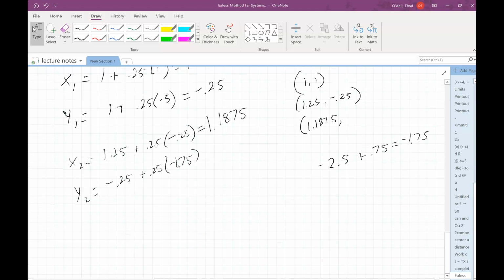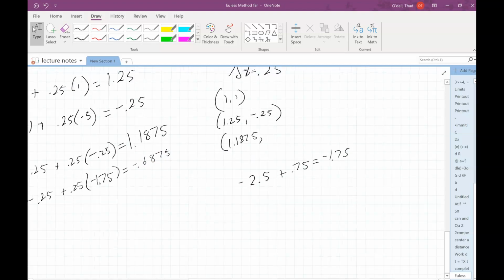And what do we get? Negative 0.25 plus 0.25 times negative 1.75, and I get roughly negative 0.6875. And that would be my y coordinate.